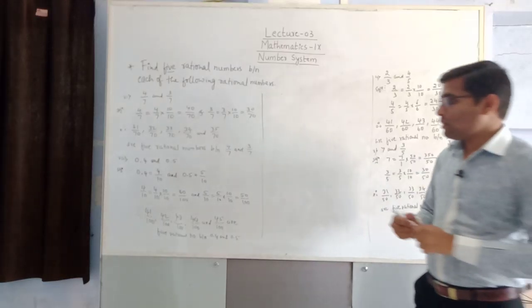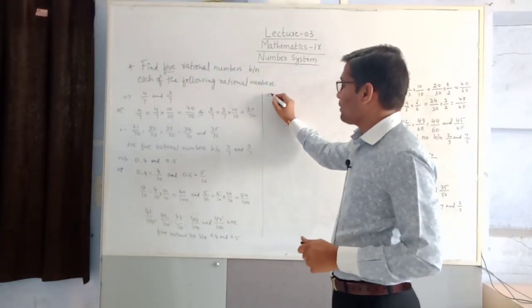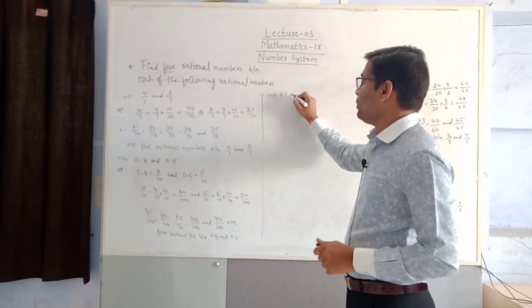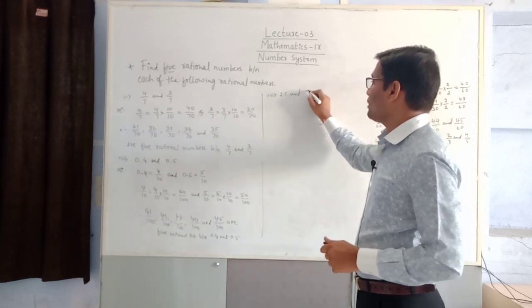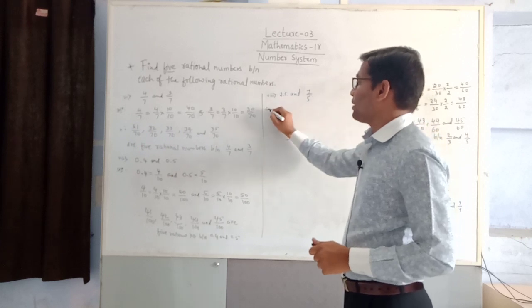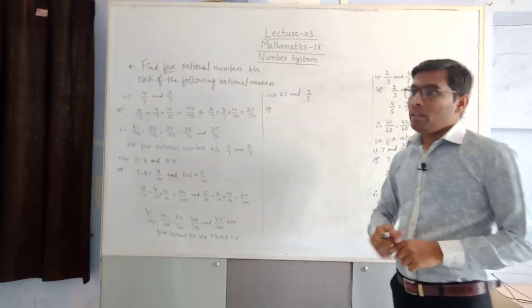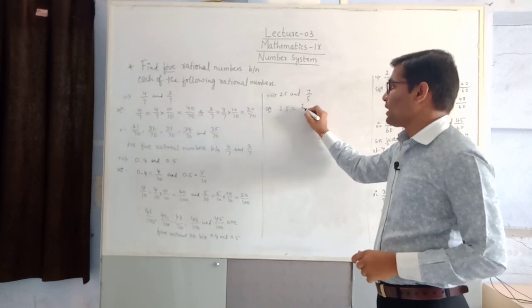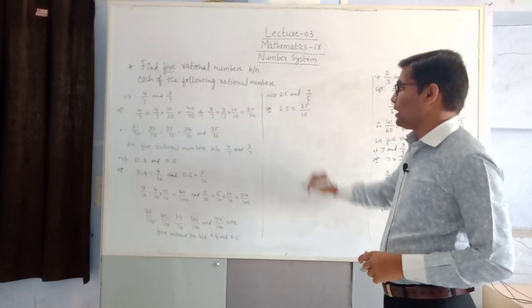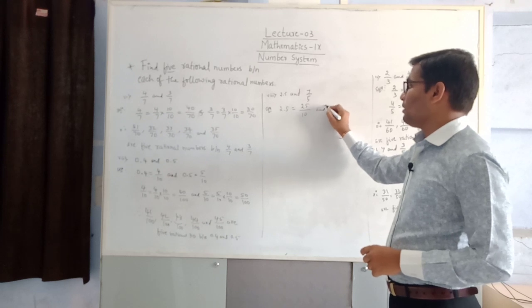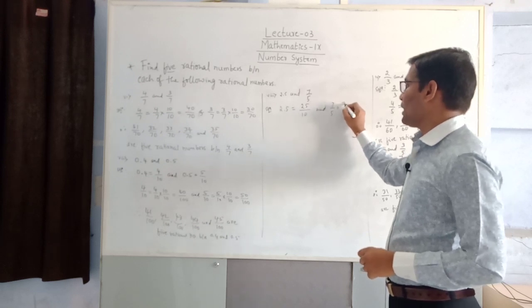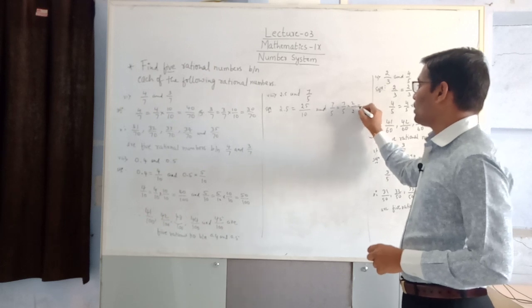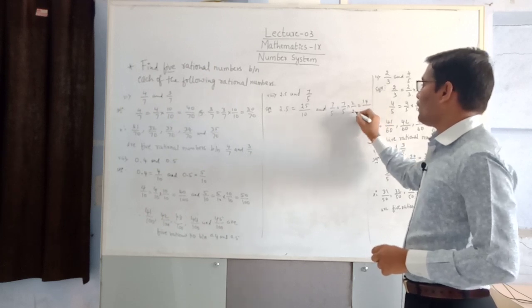How to find out? That is problem number 8, 2.5 and 7 by 5. Now first, convert the decimal 2.5 into a fraction, which is 25 by 10. Now the second one, 7 by 5 can be written by multiplying by 2: 7 2s are 14, 5 2s are 10.